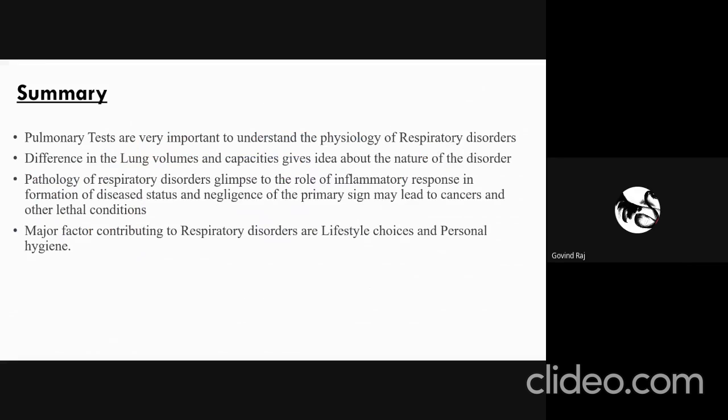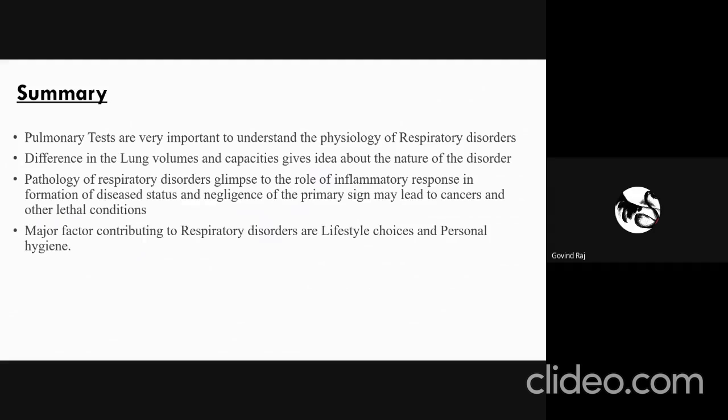Now let me summarize today's lecture. The main thing we can take from this is that pulmonary tests are very important to understand the physiology of respiratory disorders. Pulmonary tests mean spirometry, or the lung function test.